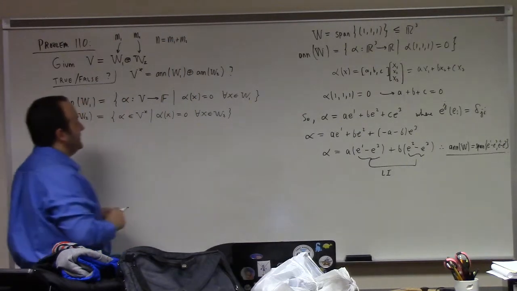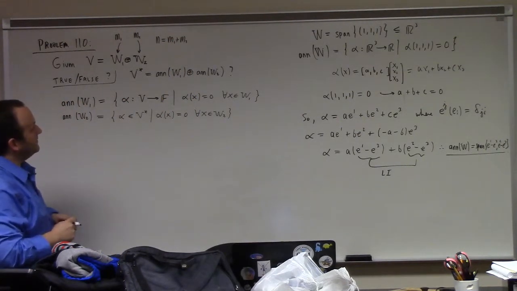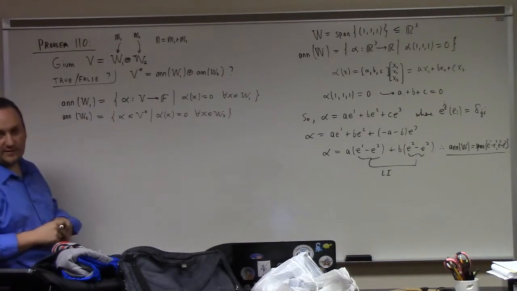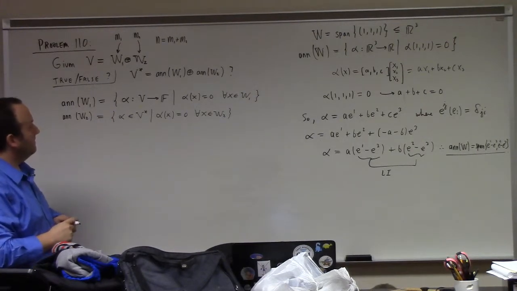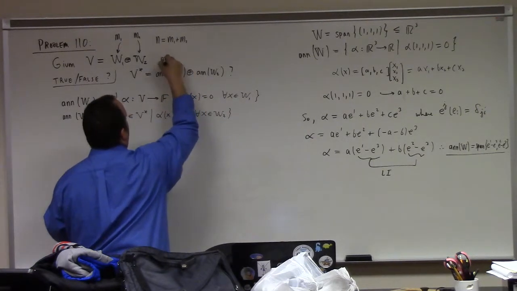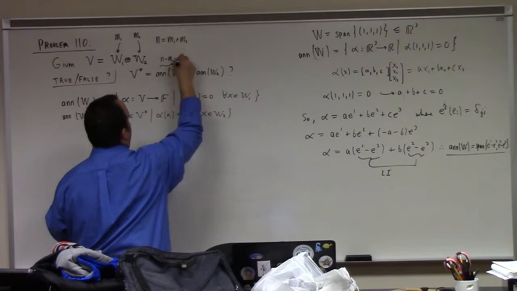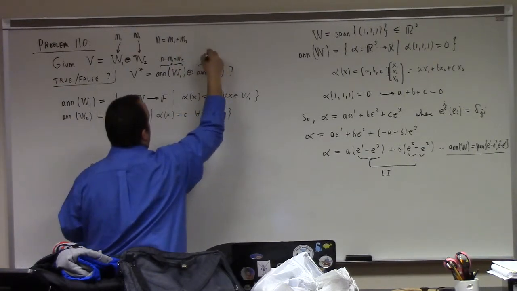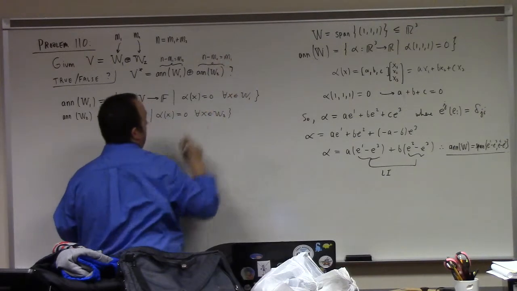Then my expectation is that the annihilator of W1 is n minus m1 equals m2 dimensional. I expect that the annihilator of W2 is n minus m2, which of course is m1 dimensional.